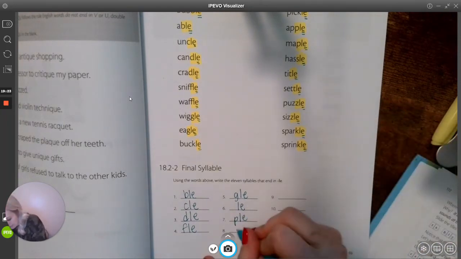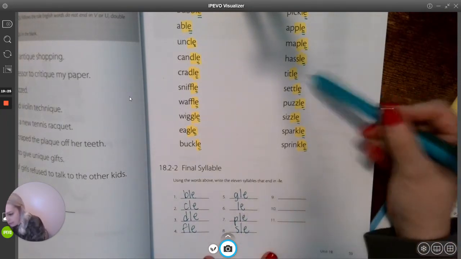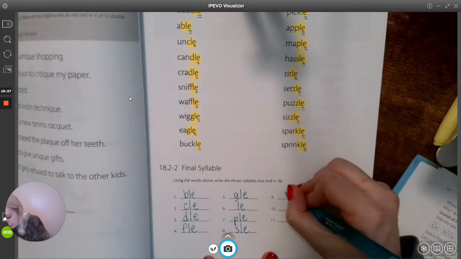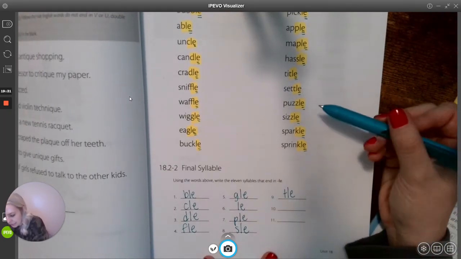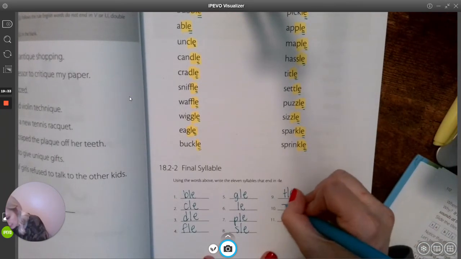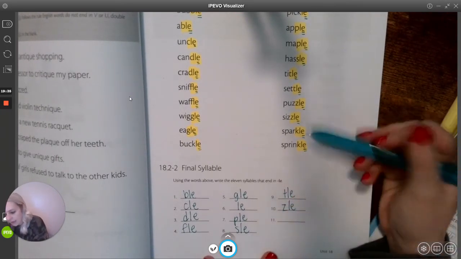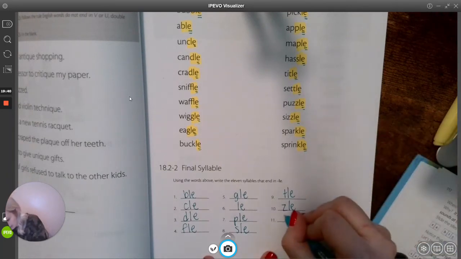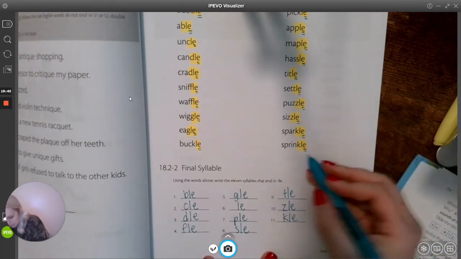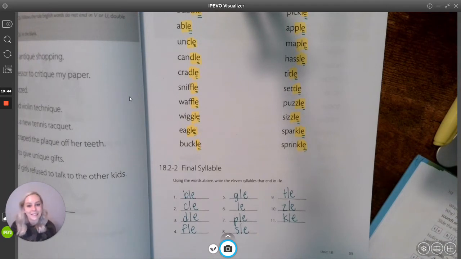Hassle is SLE. Title is TLE. Settle is TLE. Puzzle is ZLE. As is sizzle. Sparkle is KLE. And sprinkle is also KLE.